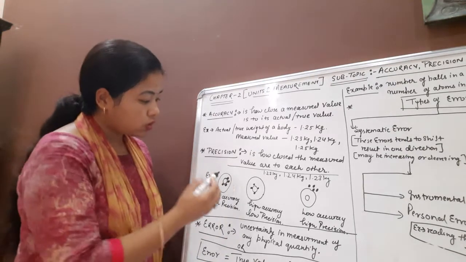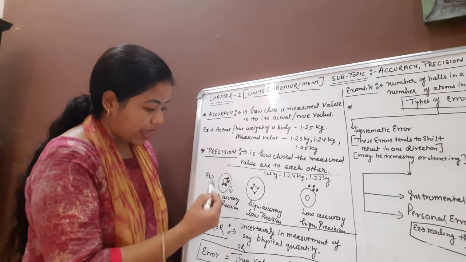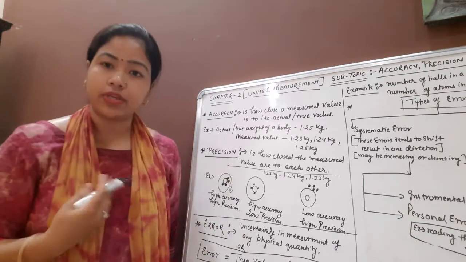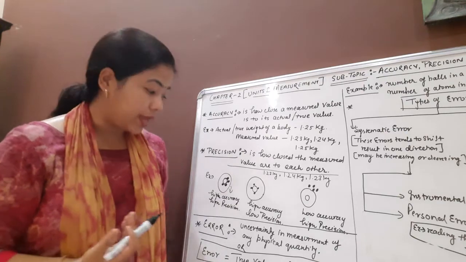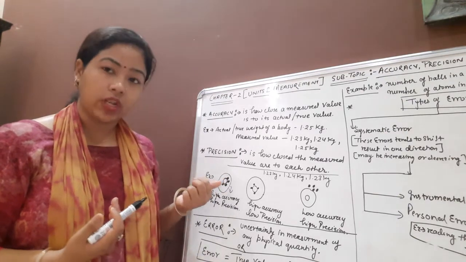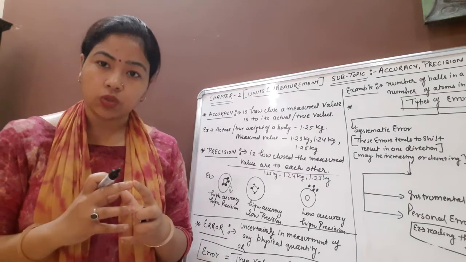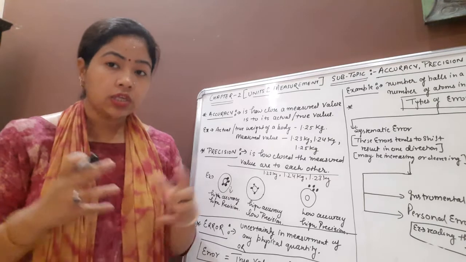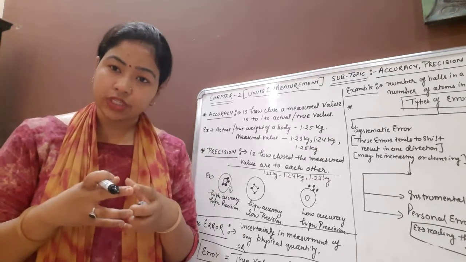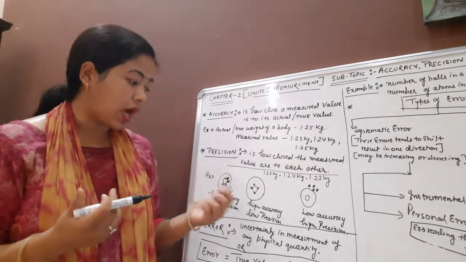So we can say this measurement has high accuracy and is highly precise, because the true value and the measured values are very close to each other. When the true value and measured values are very close, the measurement is said to be highly accurate.